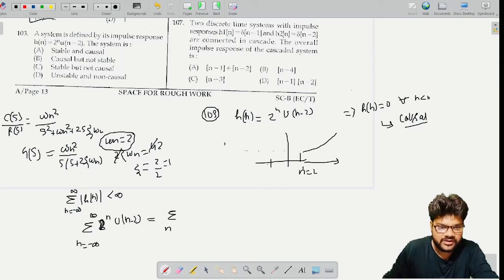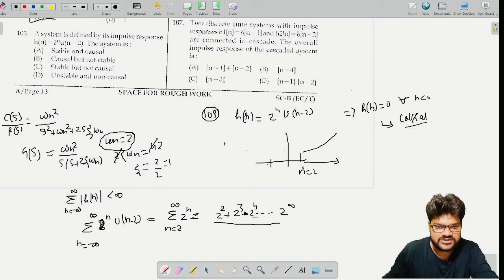So the limit will be n equals 2 to infinity of 2 to the power n. Let's put the values of n: 2 to the power 2 plus 2 to the power 3 plus 2 to the power 4 plus dot dot dot 2 to the power infinity. This will not come out to be less than infinity; it is going towards infinity. It is not converging but diverging, so this condition will not be satisfied.